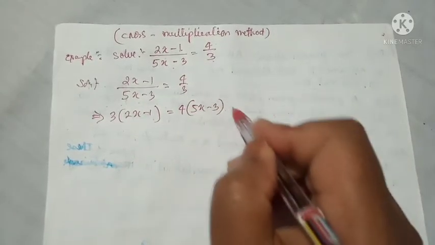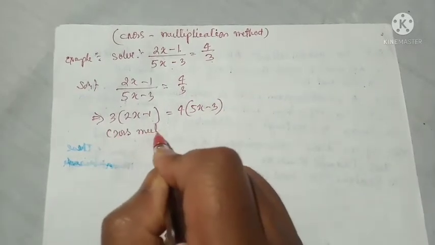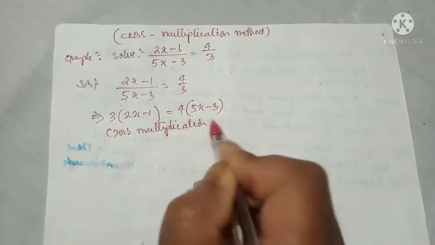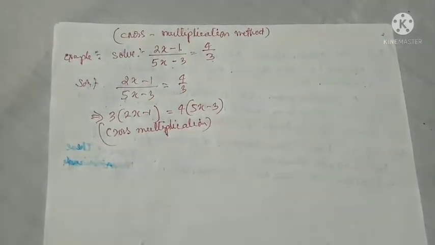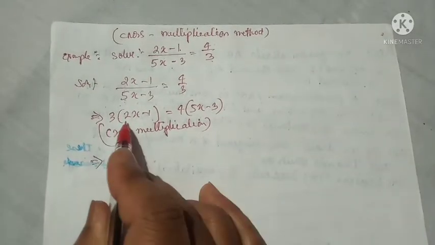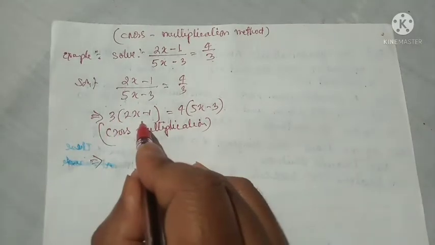This is cross multiplication. Understand? Now this is in linear form, so we can find the solution of this equation.